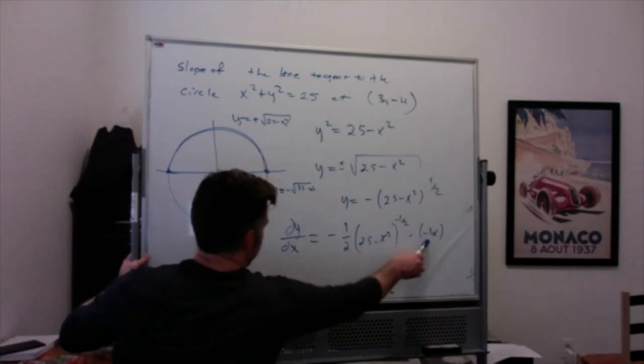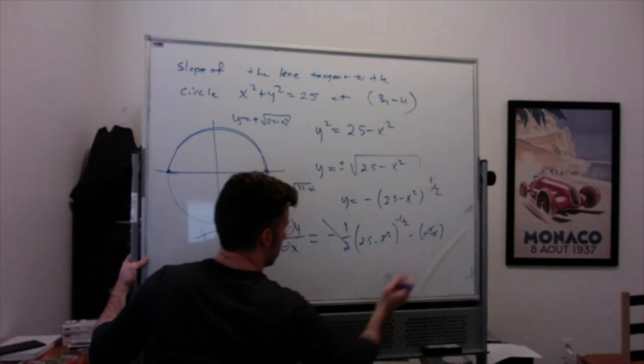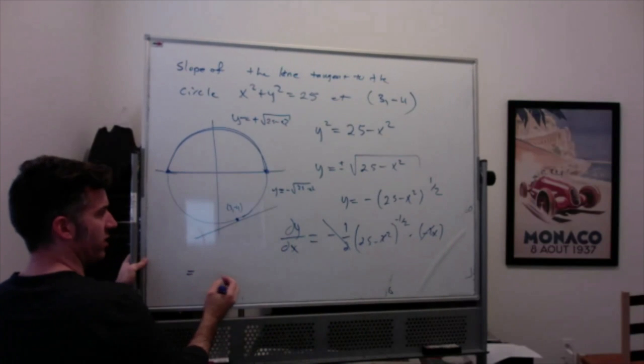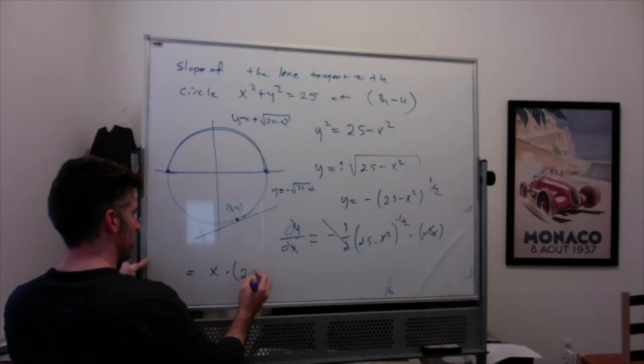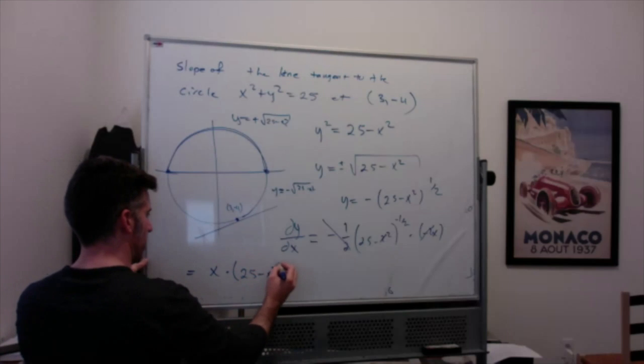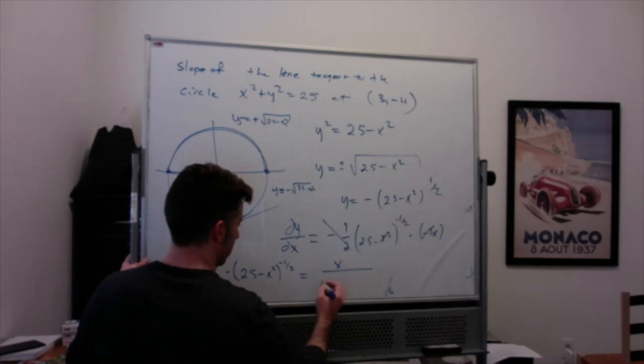And we could simplify that a little bit. The -2 and the -1/2 cancel out. So I end up with the derivative equal to x times 25 minus x squared to the -1/2. Or if you prefer, x over the square root of 25 minus x squared.